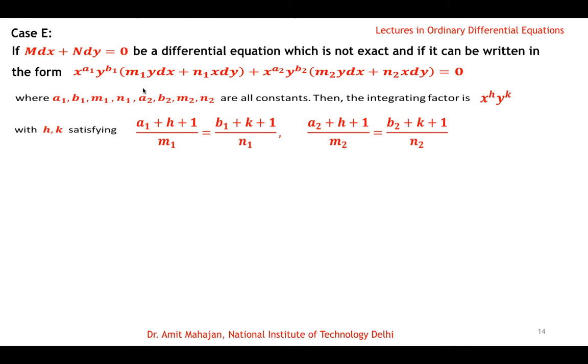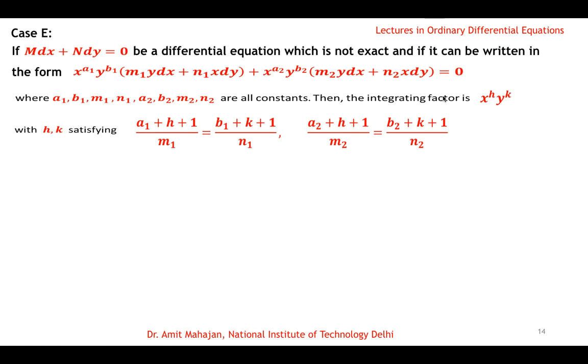Here it is like y dx plus x dy with some constant coefficients, and outside some power of x and some power of y, and the second part is very similar to this part with some new constants, where a1, b1, m1, n1, a2, b2, m2, n2 are all constants.